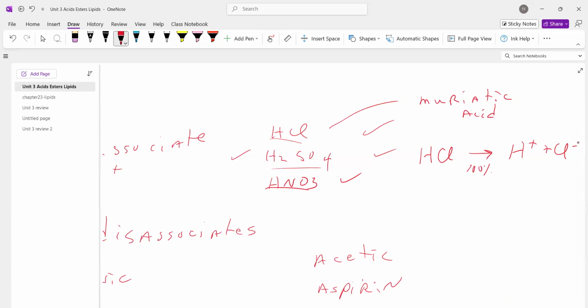It goes by different names. Nitric acid sometimes is called printers acid. And these can come very, very, very concentrated. Like sulfuric acid can be upwards of 17 molar. Very strong acids.